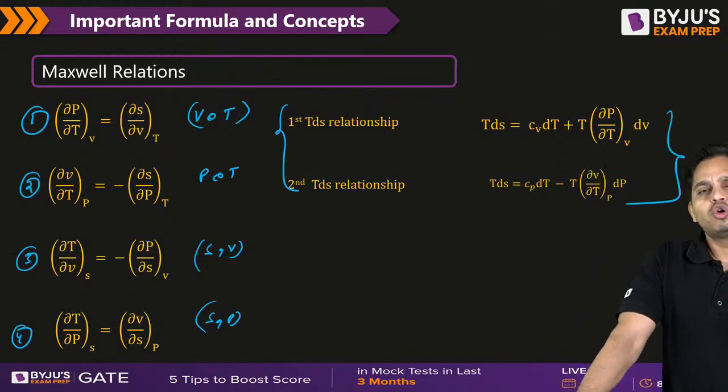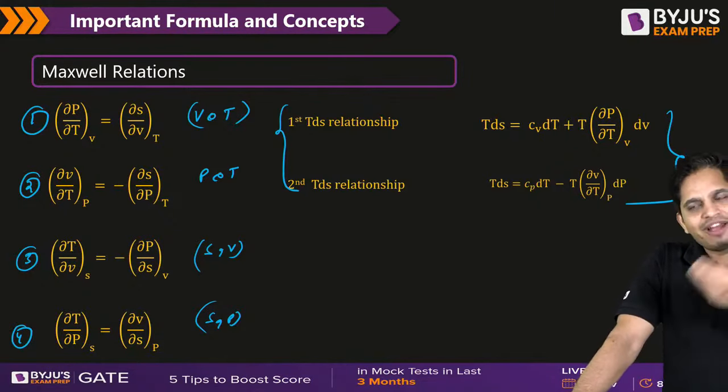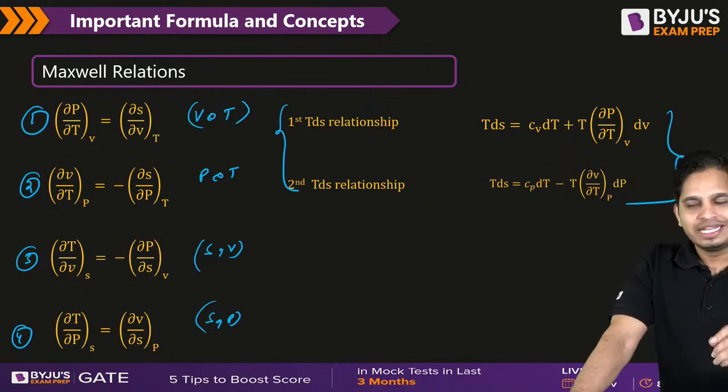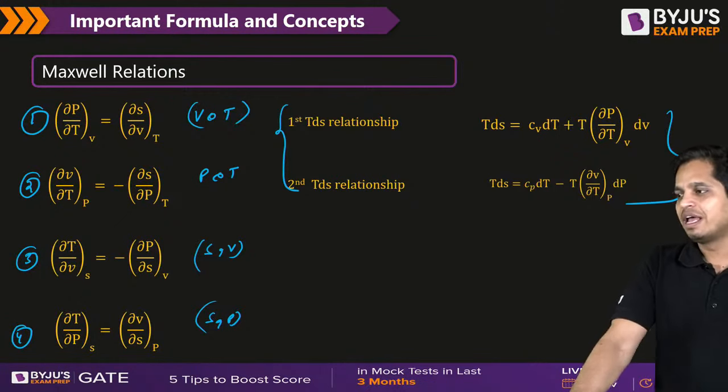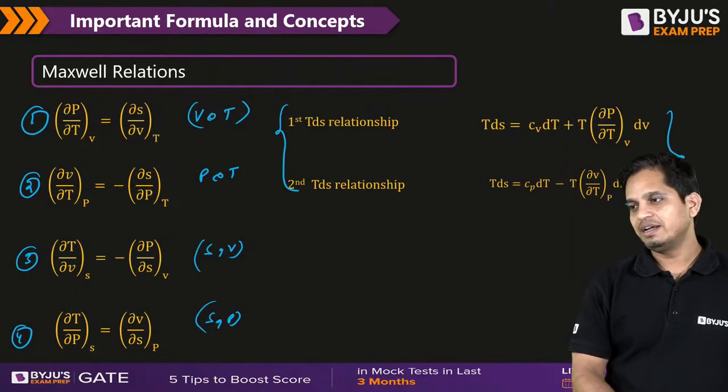For the very first time you have to derive them so that you know the concept behind them. But please do not derive every time because there is no use. At least for the first time derive it, then note down these equations and keep revising them again and again. This is the trick.